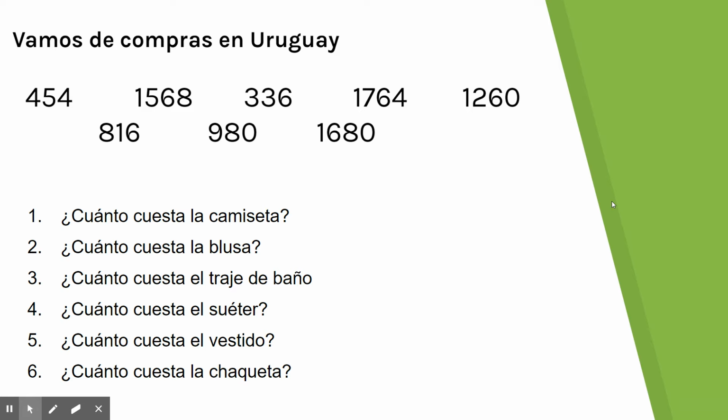Okay, hopefully that wasn't too hard since I gave you the opciones. So let's go ahead and check what you got. La camiseta cuesta 336 pesos. ¿Cuánto cuesta la blusa? La blusa cuesta 1.260 pesos. ¿Cuánto cuesta el traje de baño? Cuesta 980 pesos. ¿Cuánto cuesta el suéter?